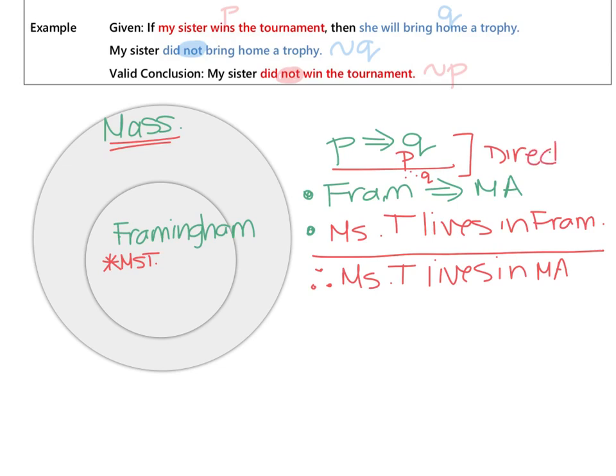But what if I have a friend and my friend lives outside of Massachusetts? So here's my friend out here. I still have this given information that if someone lives in Framingham, then they live in Massachusetts. But now I'm given information about this friend, and the friend does not live in Massachusetts.